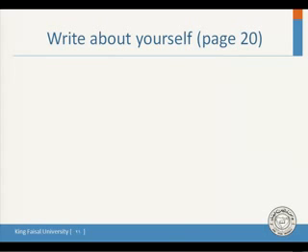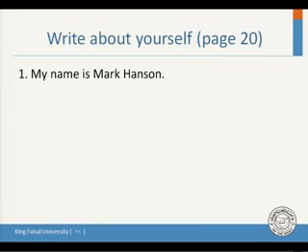Now, it's your turn to write about yourself. You need to write sentences about yourself. Look at these sentences. Number 1, my name is Mark Hansen. Write about yourself now. My name, for example, is Ahmad Al-Hamad.